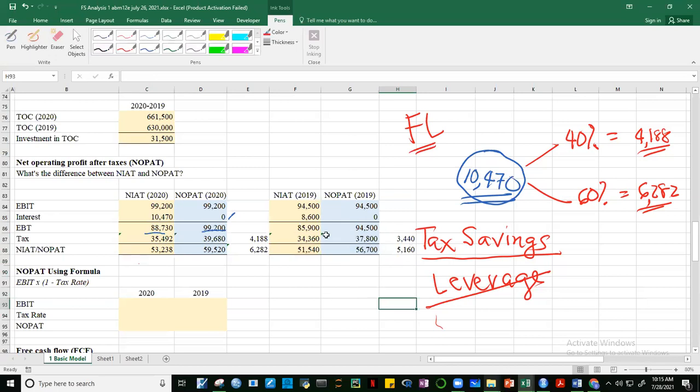So if you can see, guys, of the interest expense na 8,600, 60% lang ng yan, which is 5,160, ang magiging lamang advantage ni NOPAT over NIAT, no? Okay, the other 40%, which is the tax rate, will be deducted kasi NIAT now will enjoy tax savings, no? Because of the use of the interest. Okay? I hope that's clear, guys, no?